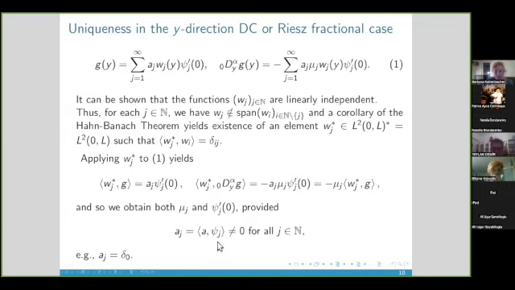Because in that case, if A is, oh no, not a j, sorry, this is a misprint. A itself should be delta 0. So if A itself is delta 0, then this means we just evaluate our eigenfunctions at 0.